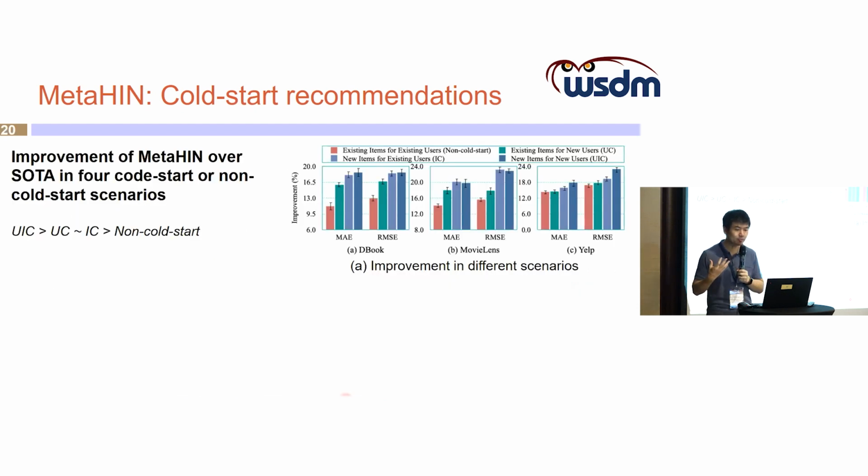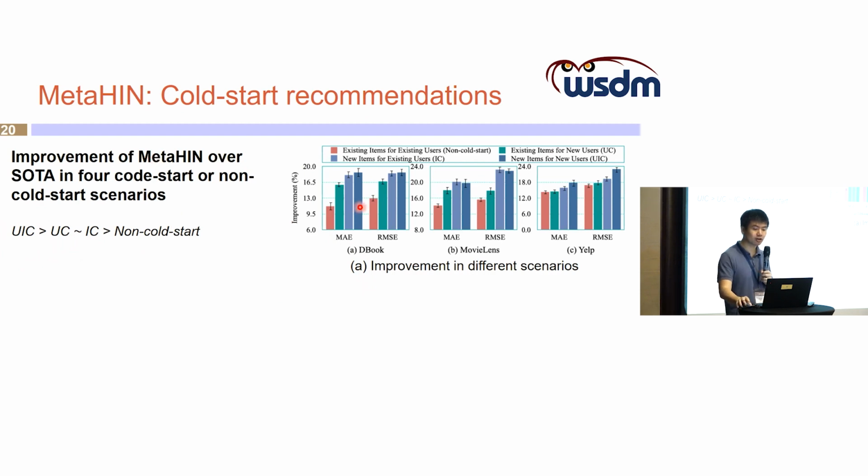So if we look at this result, I think it's very interesting. We have 4 different scenarios in cold start recommendation. One is UIC, where both user and item are cold start. UC is only user, IC is only item, and then we also have a non-cold start scenario.